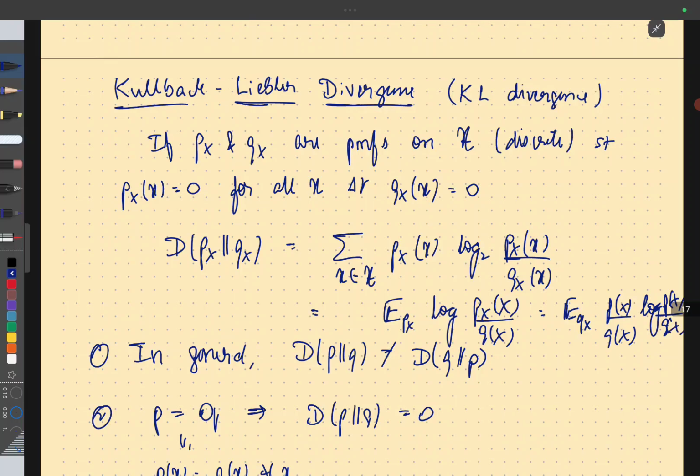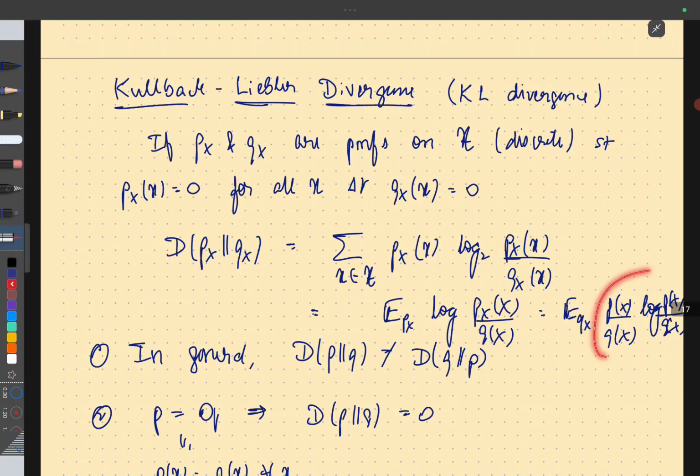And this form is particularly helpful. We saw use of this form of the KL divergence in that this is expectation of some function which is of the form y log y, which we know is convex, right? And that allows us to prove very useful properties of the KL divergence. In fact, this can be generalized.